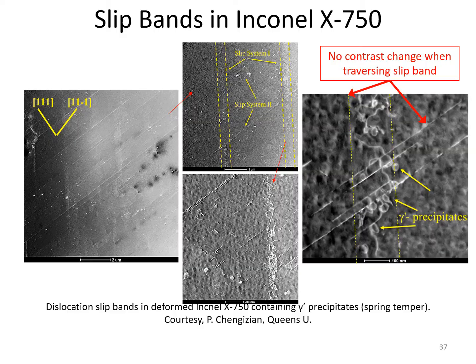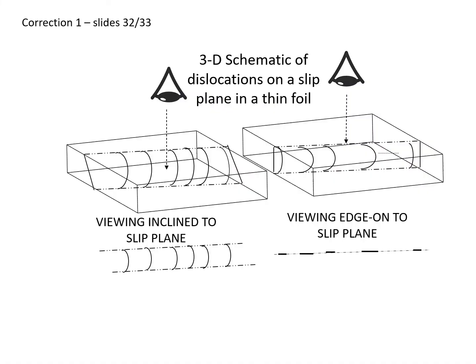So what do I mean by that? Well, you can take a thin foil and take a slice through a slip plane, in which case you're actually capturing segments of dislocations from a slip plane.